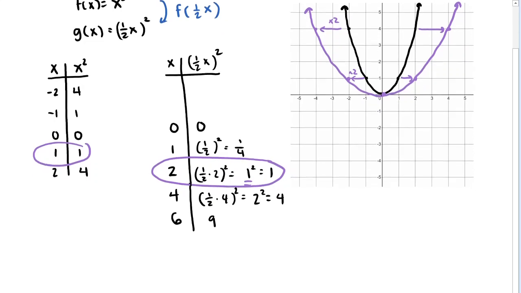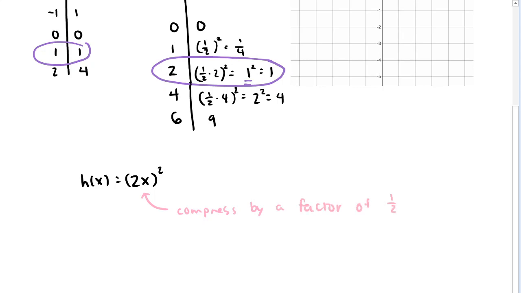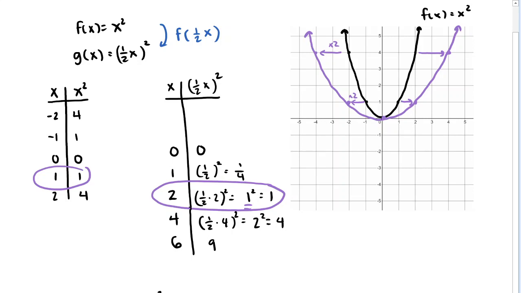And so maybe I won't go through the same thing for this h of x function is equal to 2x squared, but I just want to say that this is going to give us a horizontal compression by a factor of 1/2 when we multiply the input by this number greater than 1, when we multiply by 2. And this multiplication by 1/2 actually stretched our graph horizontally.